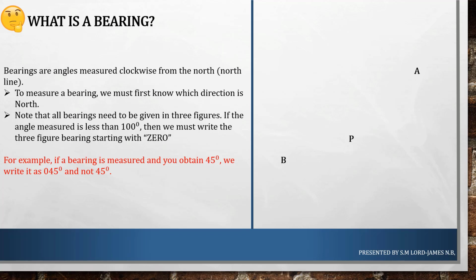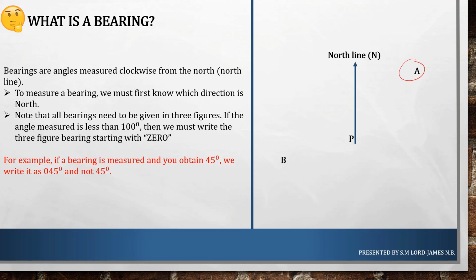Following the steps here, the first thing we have to do is that to measure the bearing, we first need to know the north direction. The north direction will be with respect to our fixed point, that's P. So we are going to draw a north line, and call that line N. Now with the north line N, we can measure our bearings in a clockwise direction from the point.